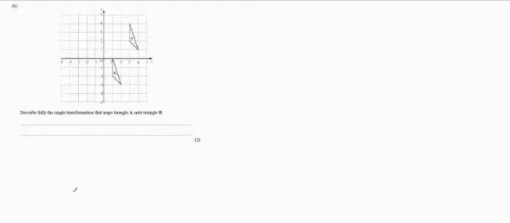In this question, it says describe fully the single transformation that maps triangle A onto triangle B. We could notice that it's being translated, as this shape is the same as this shape but translated to here.